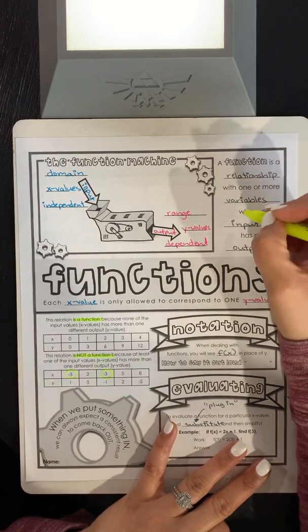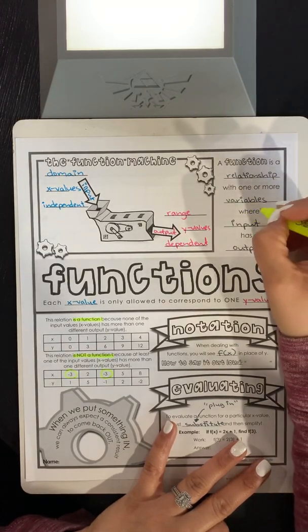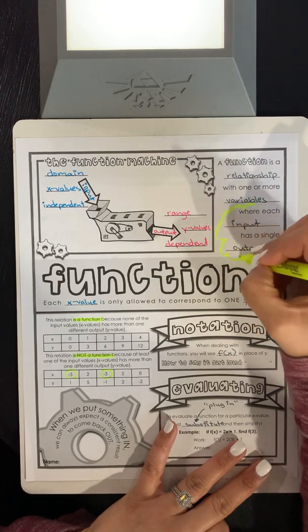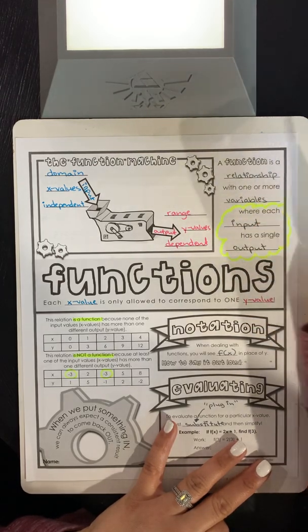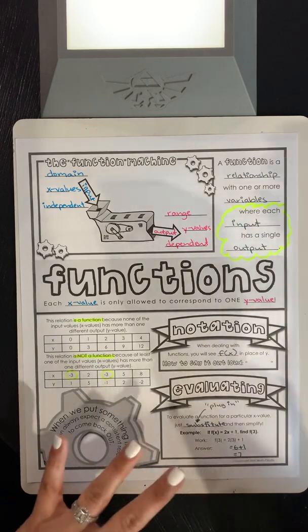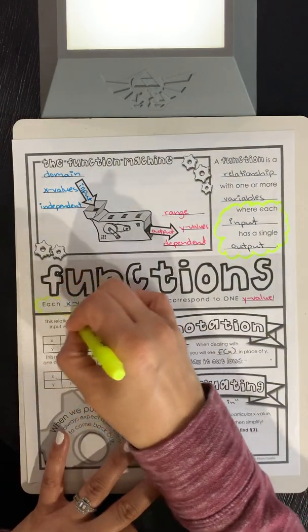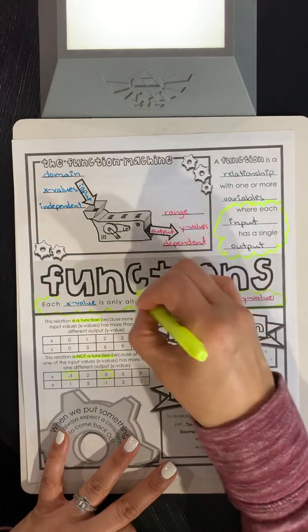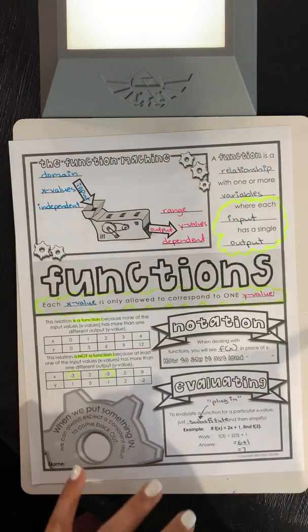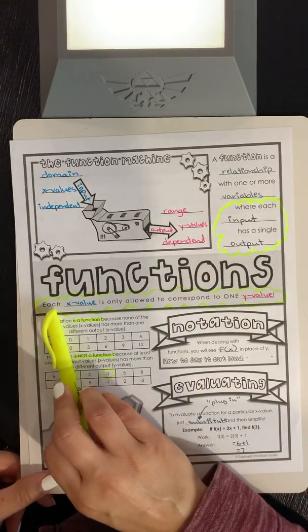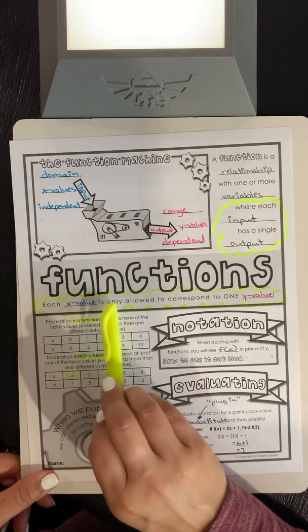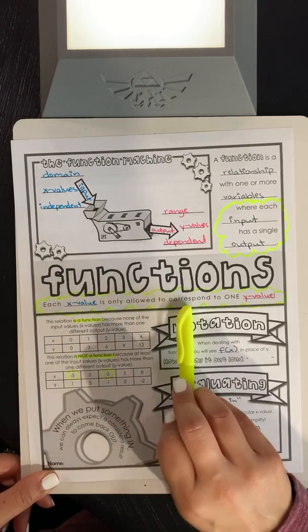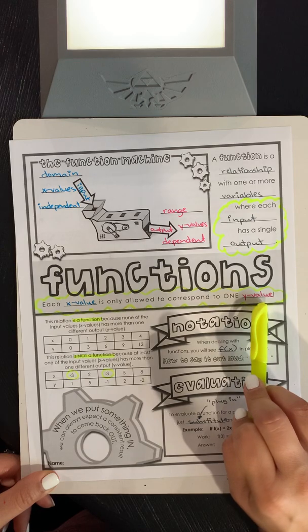Okay, and then we did discuss that a function is a relationship where each input, this is the important part, each input has a single or one output. This is so important that we wrote it twice. And this is kind of the theme of this unit. So each input, each x value, is only allowed to correspond to one y value or output.